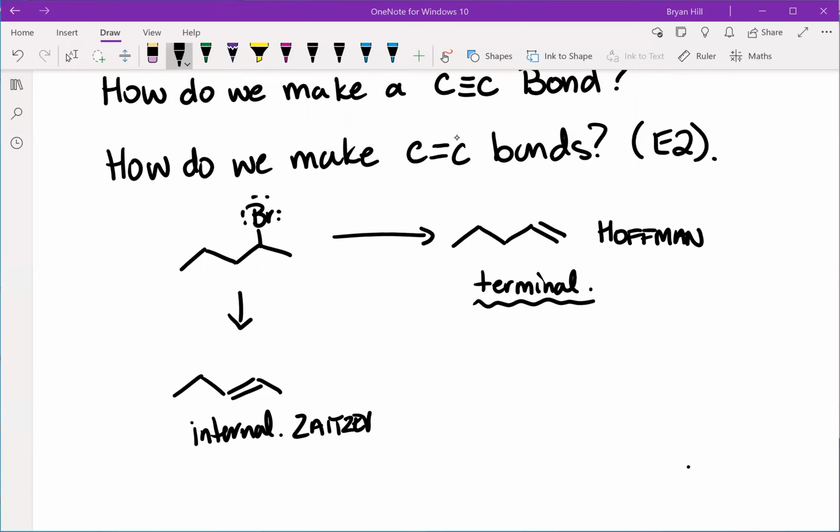So we'd use something like tert-butoxide. And if we wanted to make the other one, we would use a smaller base, so we could use methoxide in methanol. Okay, good. So we make alkenes from E2 elimination reactions.